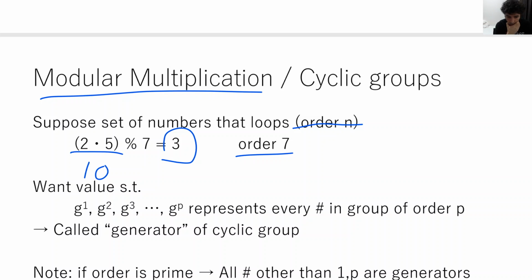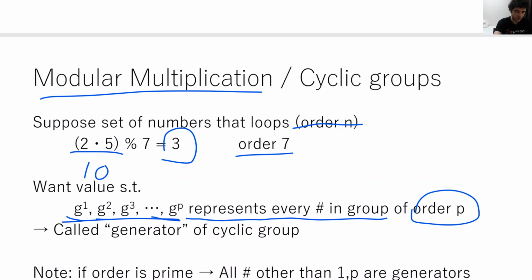Now we want a number g such that g to the power of 1, g to the power of 2, all the way up to g to the power of p, where p is the order of our group, represent all the numbers in the group. Every number appears exactly once within this string, g to the 1 up to g to the p.